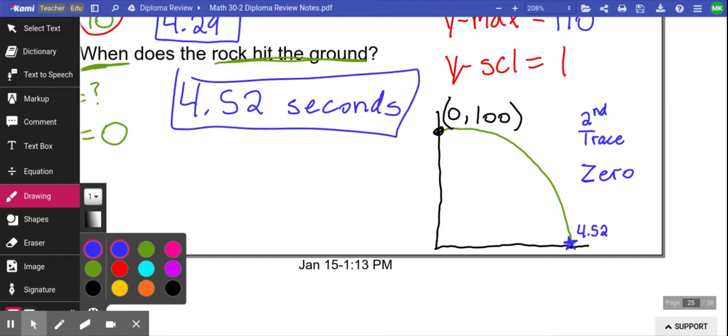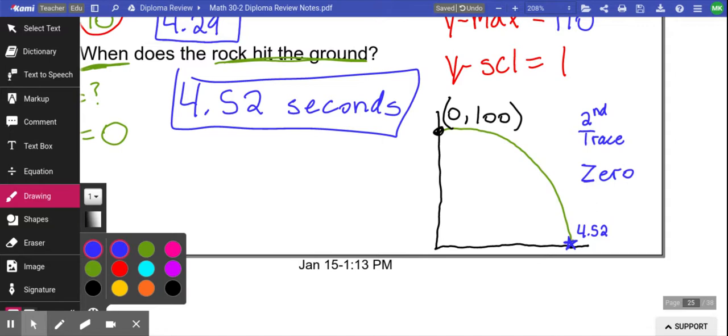As much as my questions don't always make the best of sense, and sometimes they can be a little bit unrealistic, like this treehouse being 100 meters in the air, the diploma exam does a pretty darn good job of making their answers be realistic answers. So if I throw a rock, it shouldn't hit the ground 300 seconds later.